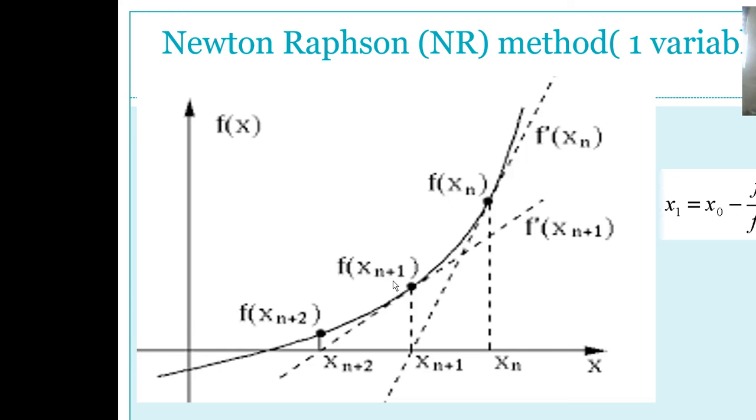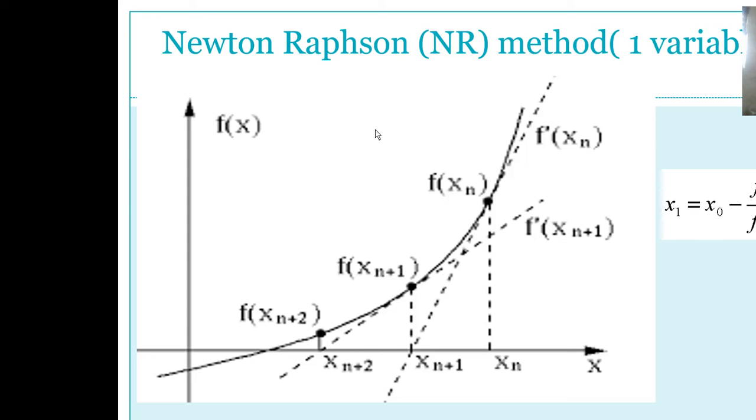If we take xn as the initial guess value, we need to evaluate the given function at this point, which is f of xn. Now at the same point, if we draw a tangent, the slope of this tangent is denoted as f dash of x. This slope evaluated at the xn point we can write as f dash of xn.